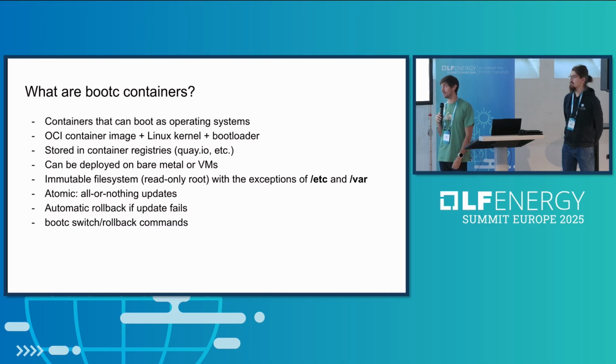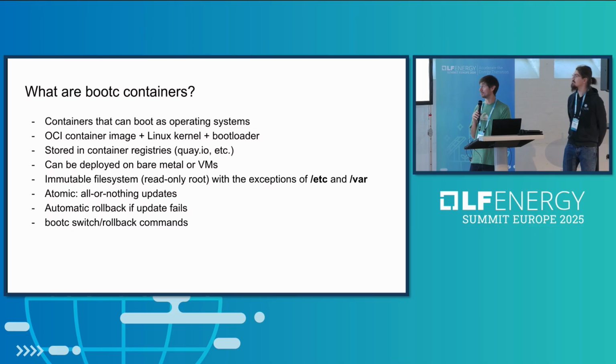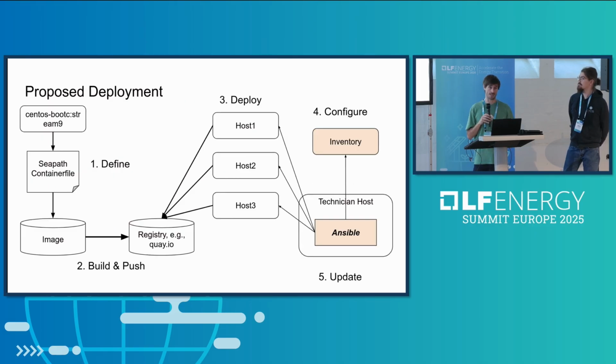To do all that, we rely on a command called bootc, which has a simple syntax for the updates and the rollback. So if you come back to what I showed you before, the proposal was, well, let's define a container file, call it SEAPATH container file, which is going to rely on CentOS, for example, CentOS bootc streamline.